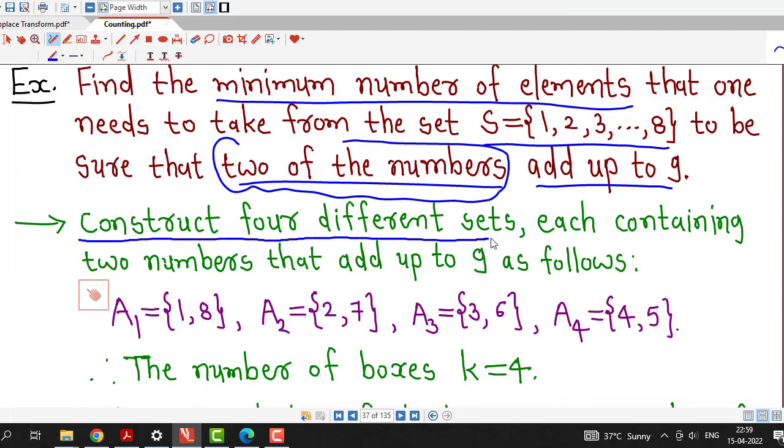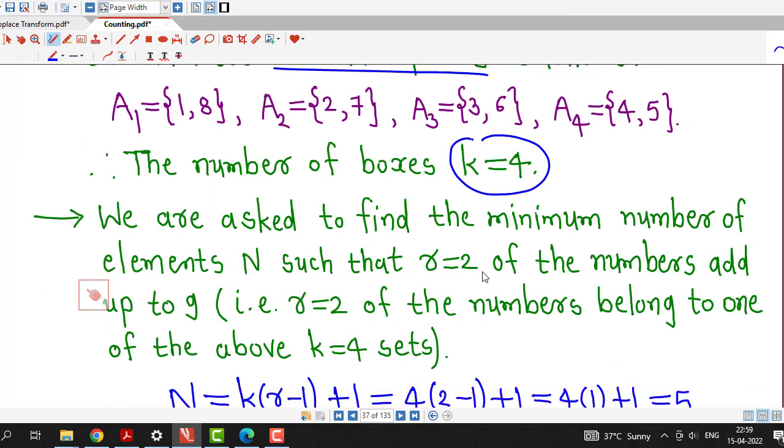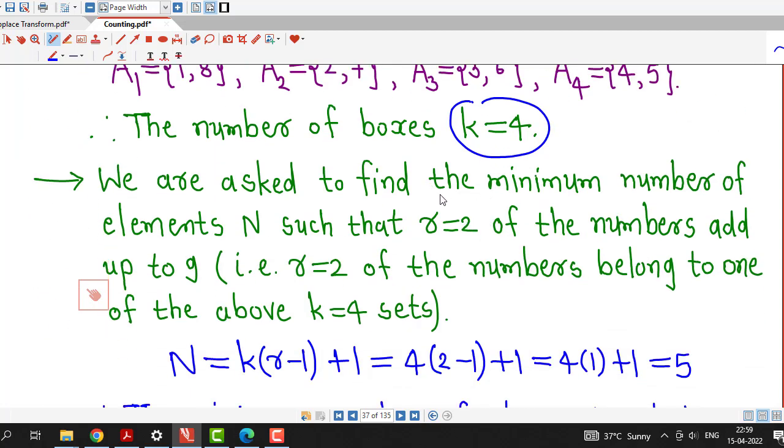Construct 4 different sets, each containing two numbers that add up to 9, as follows. These are the 4 possible sets, and we consider these sets as the number of boxes, and that is k equal to 4. We are asked to find the minimum number of elements capital N such that r equal to 2 of the numbers add up to 9.